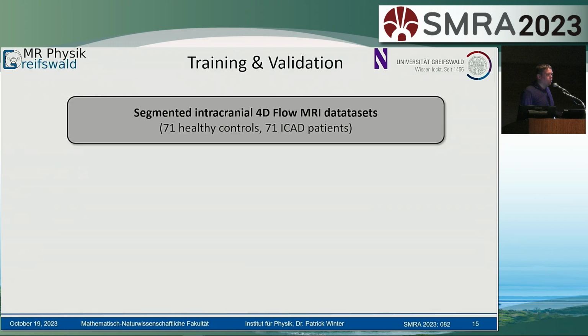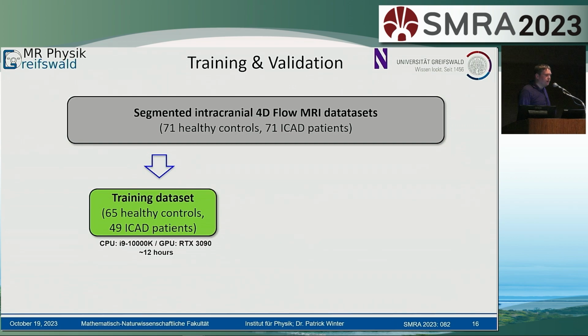Here you can see an overview over the cohort we used for the analysis. As mentioned earlier, all data was acquired at Northwestern, and we had 71 healthy controls, as well as 71 ICAT patients.